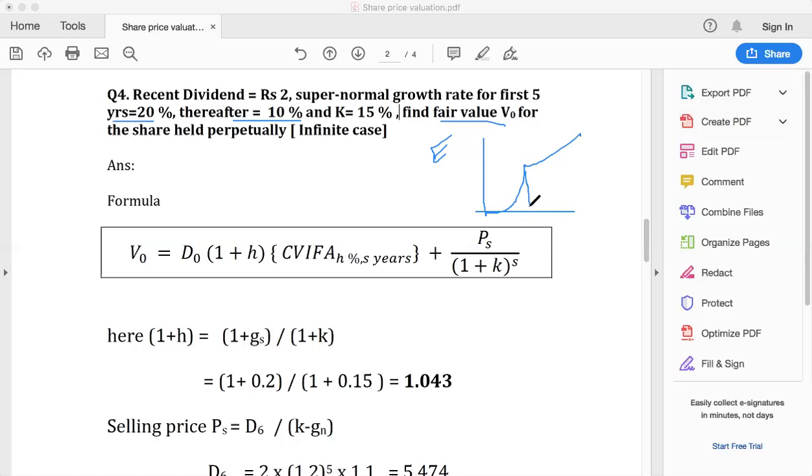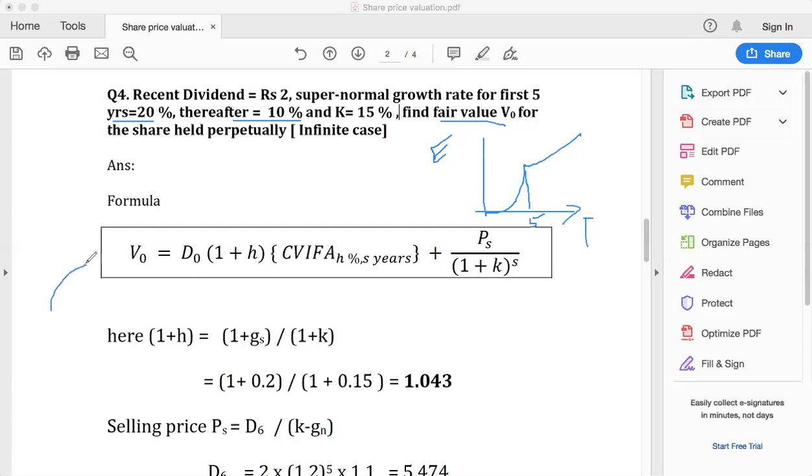So this is a 5-year time period. After 5 years, it grows at a normal growth rate of 10%, and before that fifth year, it was growing at a supernormal growth rate of 20%, right? So how do we solve this particular problem?